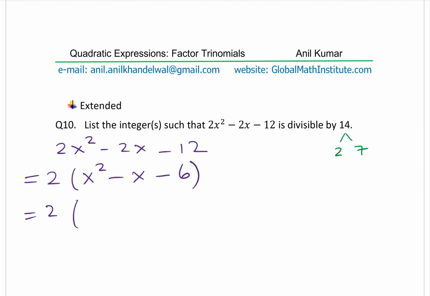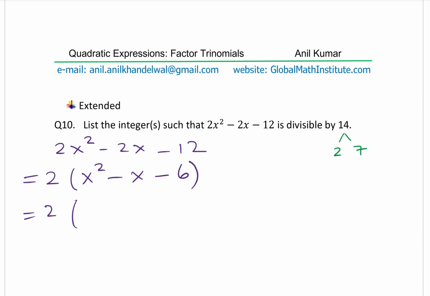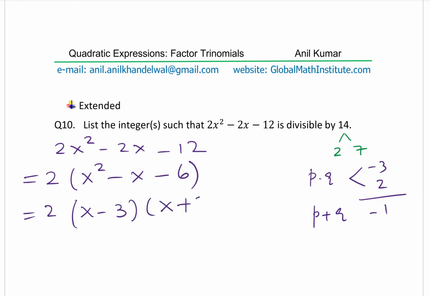We are looking for two terms p and q whose product should be minus 6. So we could take minus 3 and plus 2, and the sum is minus 1, which works, correct? So we can say x minus 3 times x plus 2. So that becomes the factor.